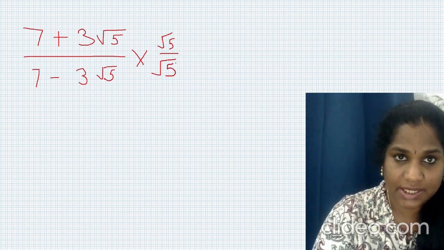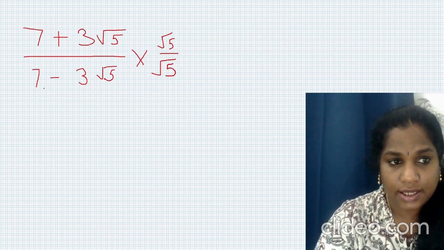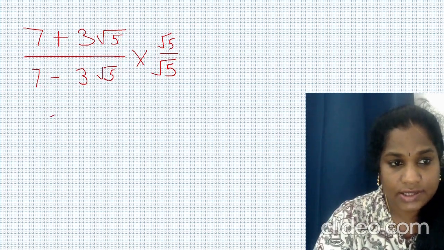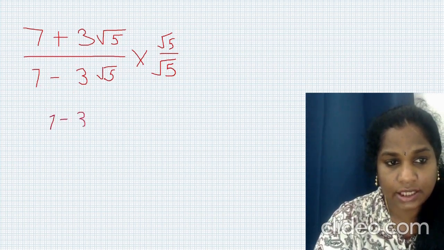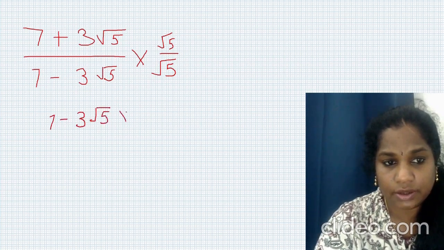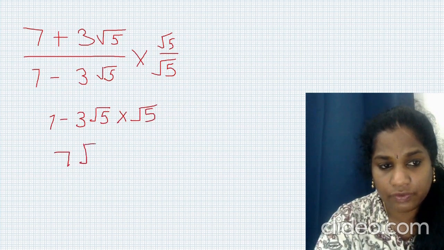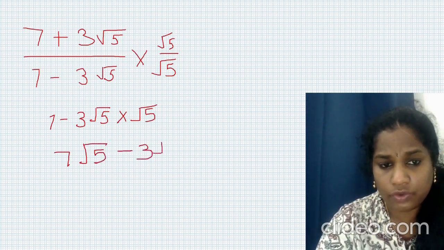What can be the mistake? See, I'll just do the denominator now. 7 minus 3 root 5. If I multiply it with root 5, what will happen? I will get 7 root 5 minus 3 root 5 into root 5.